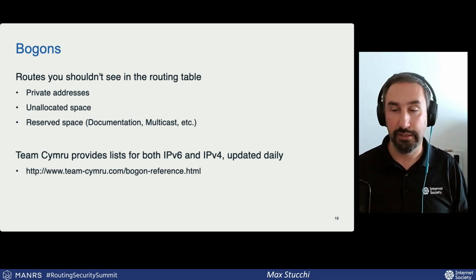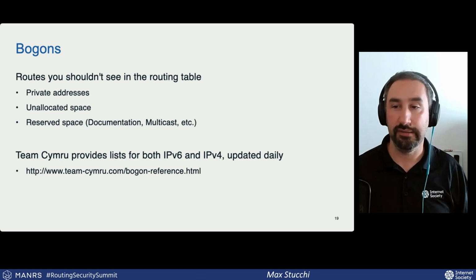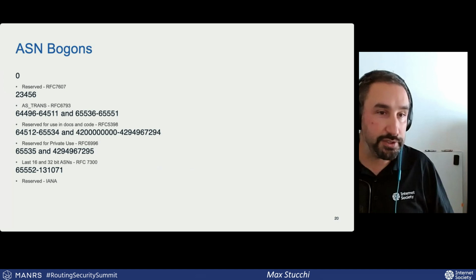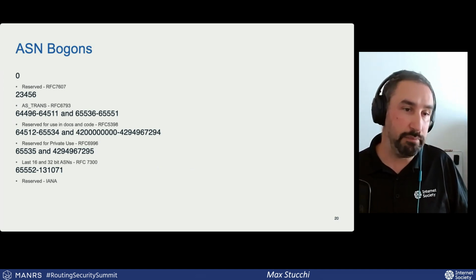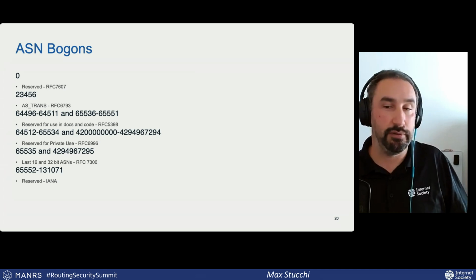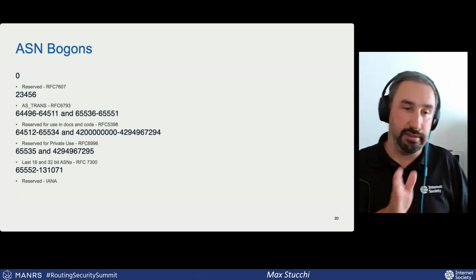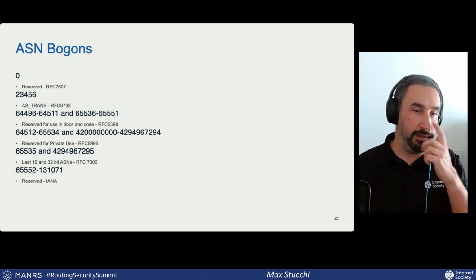There are a lot of examples on the Team Cymru website, or you can find a lot of them on the internet as well. There are reserved ASNs that are also bogons: 0, for example, or 2, 3, 4, 5, 6, which is reserved for the transition between the 16-bit ASNs and the 32-bit ASNs.